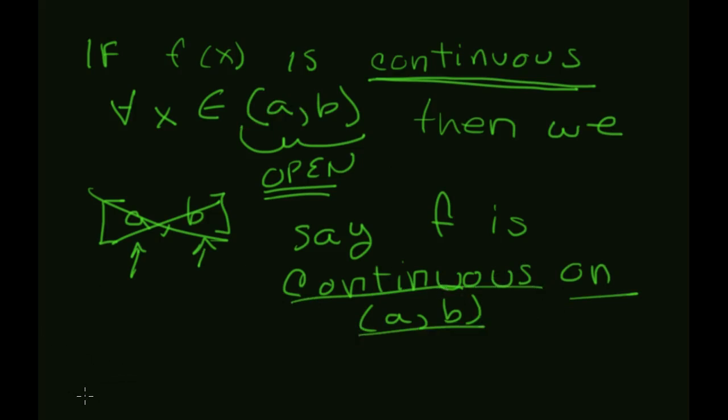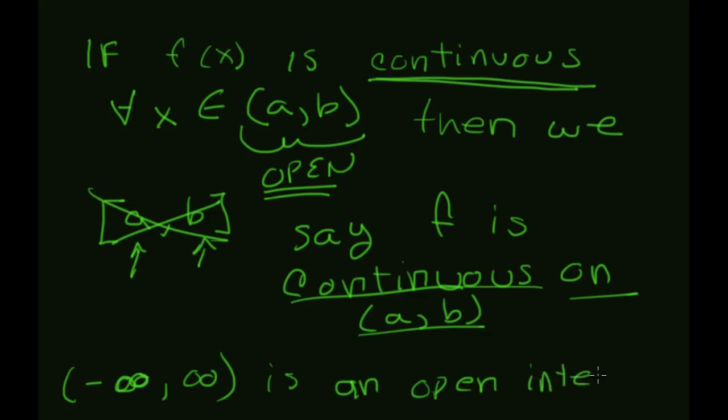Now note, the interval negative infinity to infinity is an open interval. So it is possible for f to be continuous everywhere. And then we would just say that f is a continuous function, or f is continuous on all the reals.